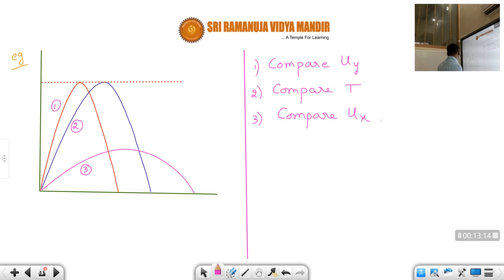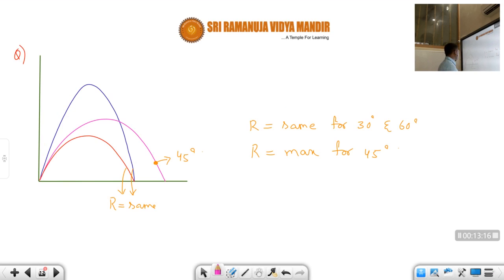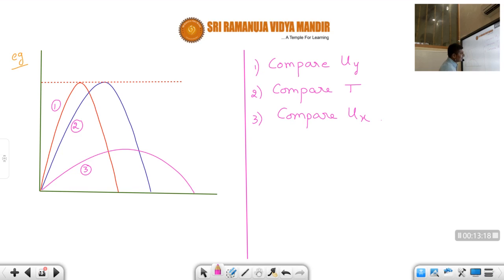So as I told you, sometimes they'll give these diagrams, and then we need to analyze. Just by seeing the question, how to tell, students? First one, let us see, Uy. Just by seeing this, you can say that for the first projectile and the second projectile, the maximum heights are same.